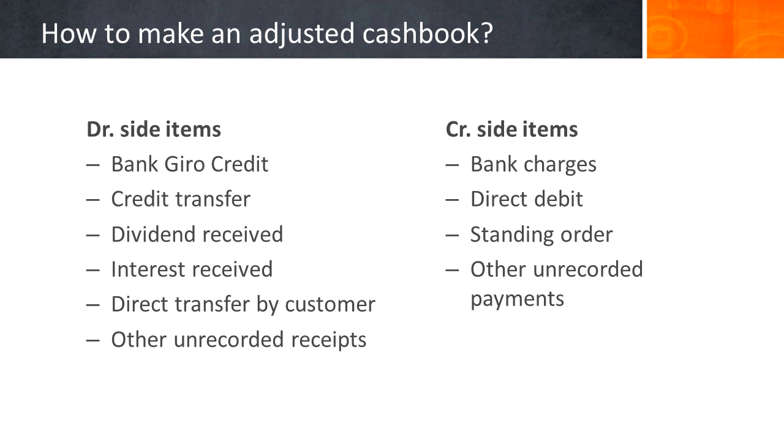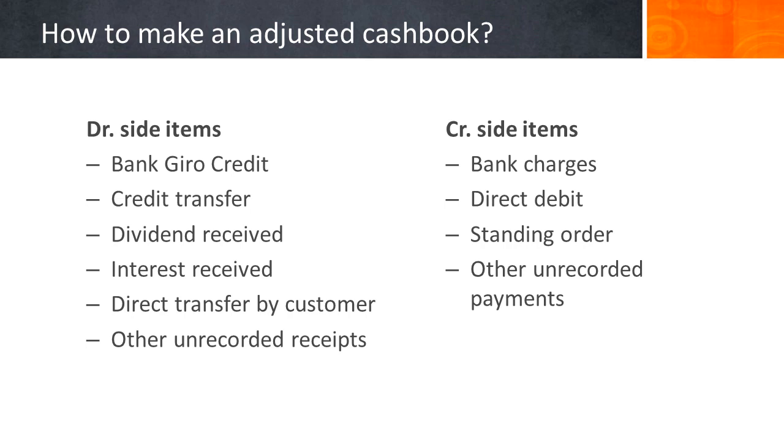So the business is only going to discover that through its bank statement. So that money which has been received during the month without the knowledge of the business is recorded in the adjusted cash book at the end of the month.